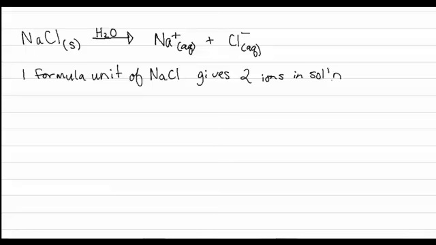If you look at another example here, we have calcium chloride. It's solid to start, and then we put it in water, just like we did with the sodium chloride. And now we have calcium and chlorine. From above, we already looked up chlorine. It's a negative 1 charge. It's now aqueous.